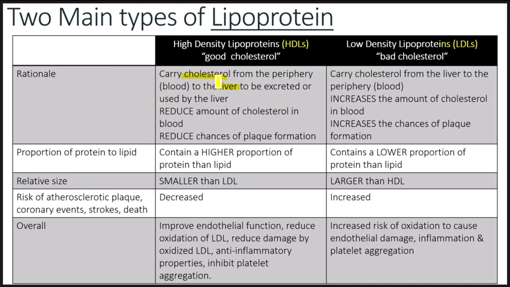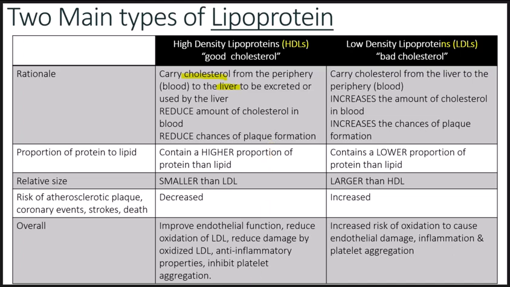So what this does, because it's the vehicle that almost like picks up the trash, takes the excess cholesterol in our blood to the liver, getting it out of our blood, this reduces the amount of cholesterol in the blood. And the less cholesterol we have in our blood, the less chance of plaque formation.